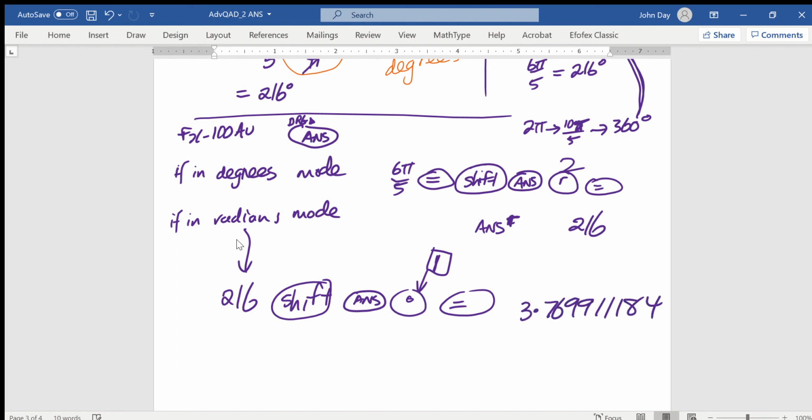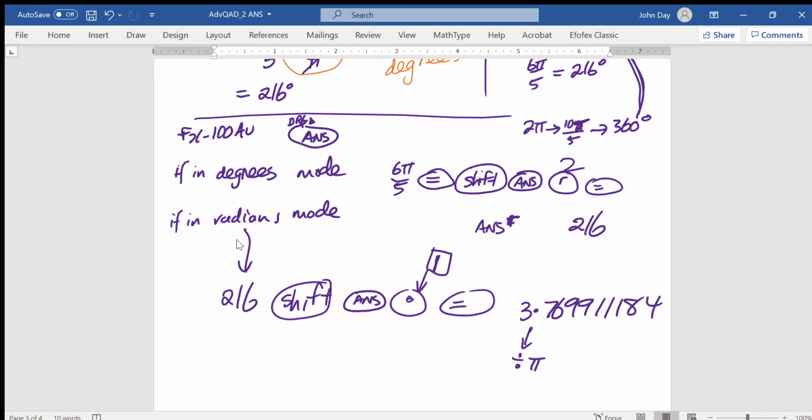3.7699111184. Now, how did that help? Well, first of all, pi radians is 3.14159, etc. So clearly that's probably one and a fifth pi radians. But also, if you think that equates to a multiple of pi, you can just divide by pi and see if it comes to 6/5.